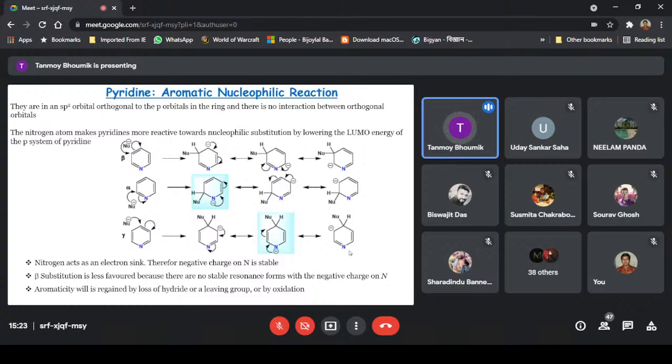The nitrogen electron pair is shifted, and they can easily substitute at the beta position, and this beta-substituted product arises from nucleophilic substitution.